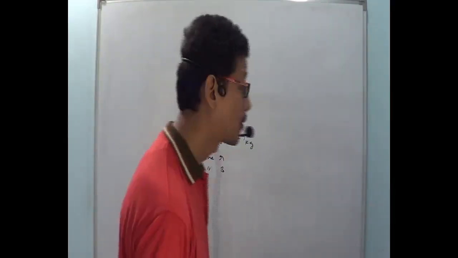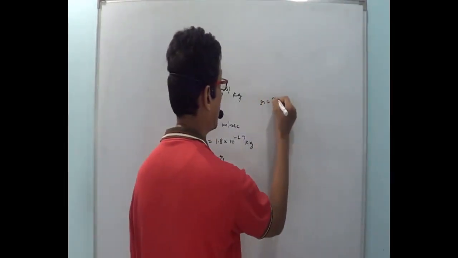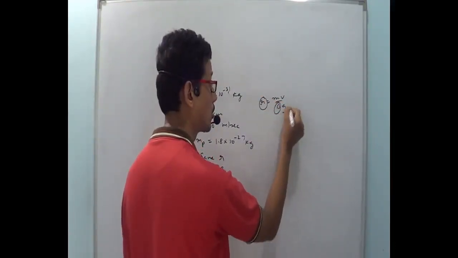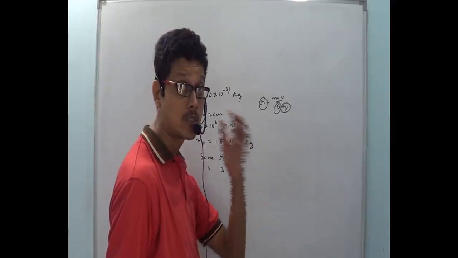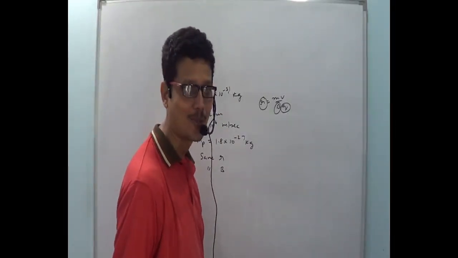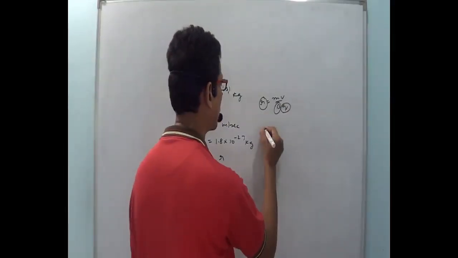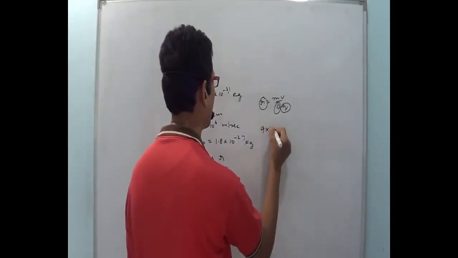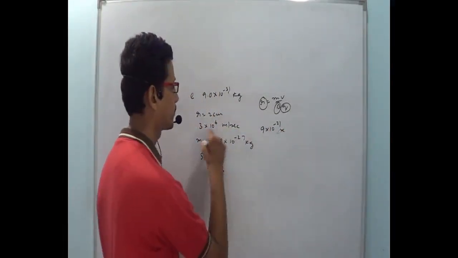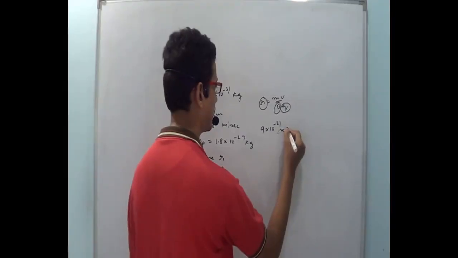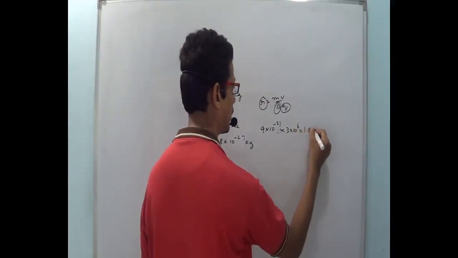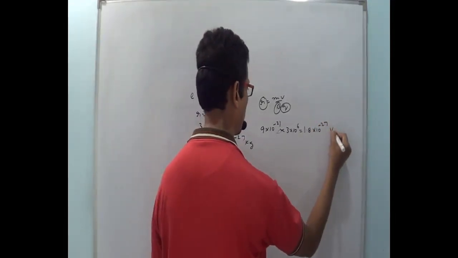What is the radius formula? R is equal to mv by Bq. In the present problem, R is constant, B is also constant, and q is also constant. Electron charge and proton charge are the same, 1.6 into 10 power minus 19 coulombs. So m into v should be constant. 9 into 10 power minus 31 into v, which is 3 into 10 power 6, is equal to 1.8 into 10 power minus 27 into v2.